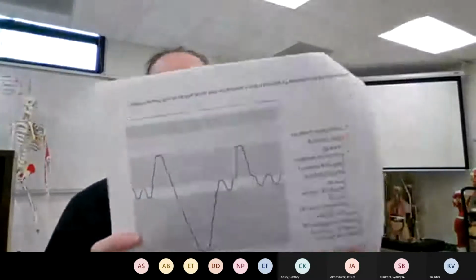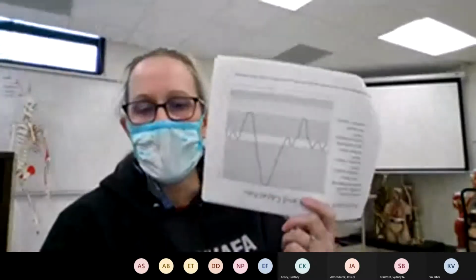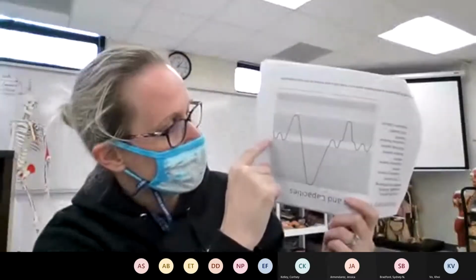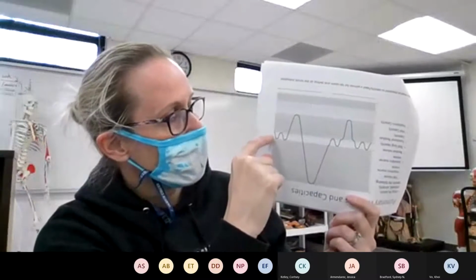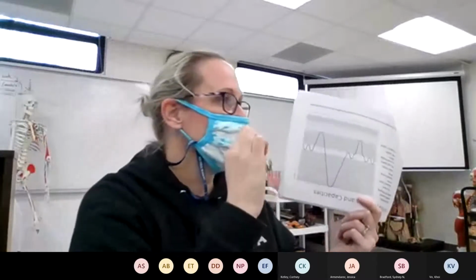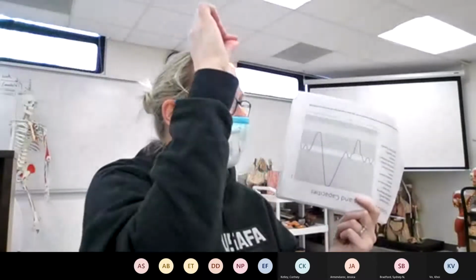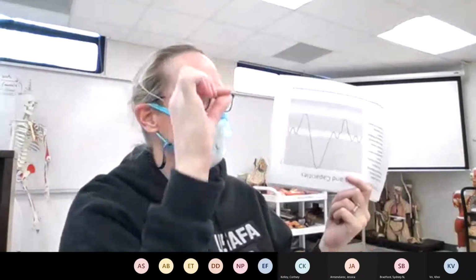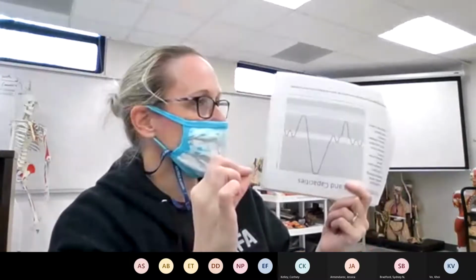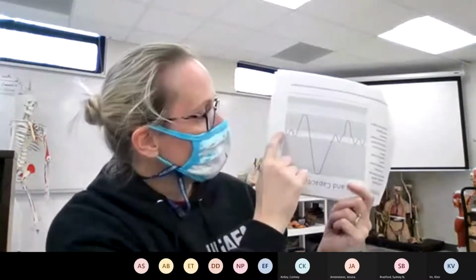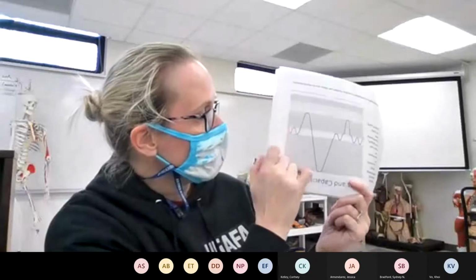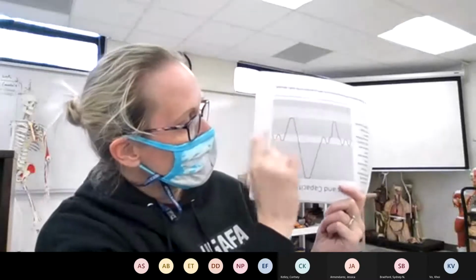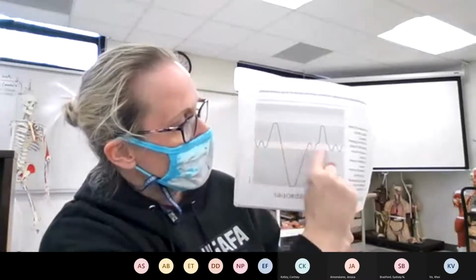All right? And so when we ask someone to breathe in a normal, quiet fashion, when the pen's going up, that would mean inhale is occurring. When the pen is going down, that means exhale is occurring. And the little blips of up and down in this first little middle area of the graph are going to be your tidal volumes.